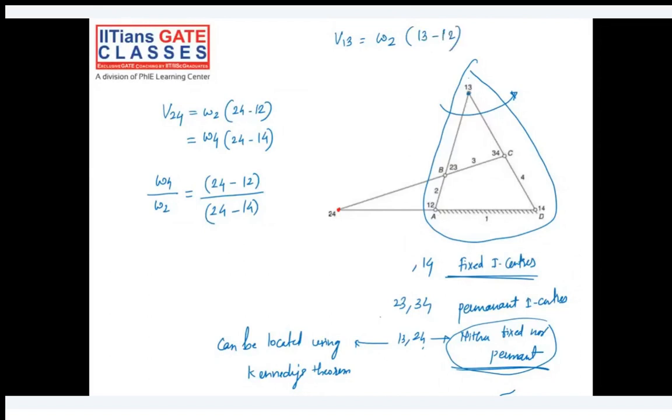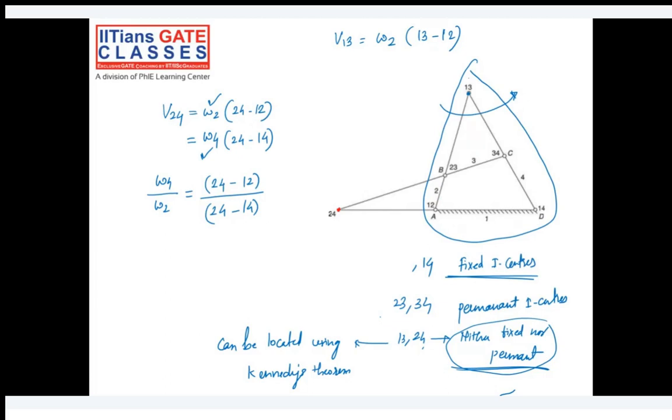Try to understand the situation here. What we have done is we have written omega 2 and omega 4. Why? Because the second link is also turning and link 4 is also turning. In this case, our link number 1 is not turning, so I cannot write in terms of omega 1 here. The choices which we have are writing with omega 3 and 2. So using that, I am writing this as omega 2 times the 1 2 to 1 3 distance.